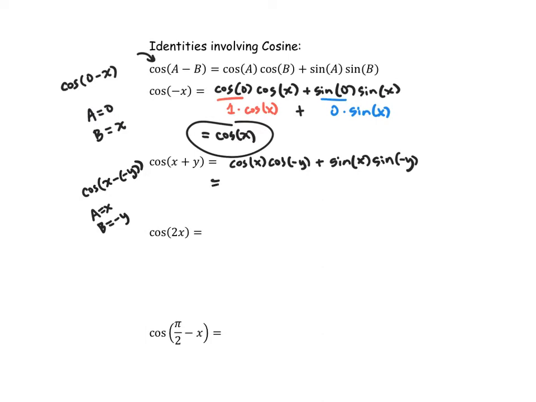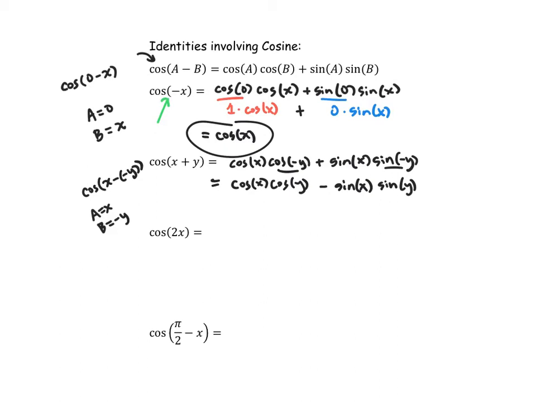Okay. So now we do need to recall, first of all, I do know that cosine of negative x is cosine of x. So cosine of negative y will be cosine y. So it'll be cosine x cosine y. And then I'm going to leave sine x as is, but sine negative y is negative sine y. All right, that's an odd function.